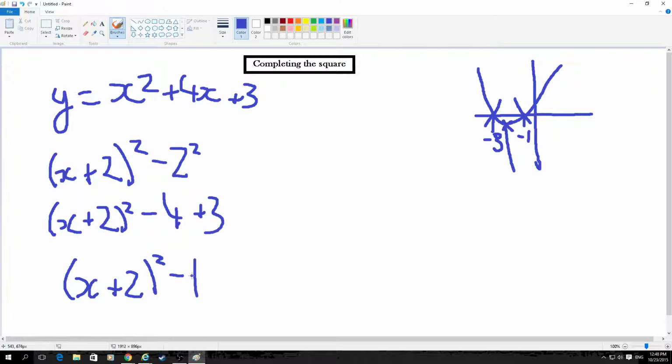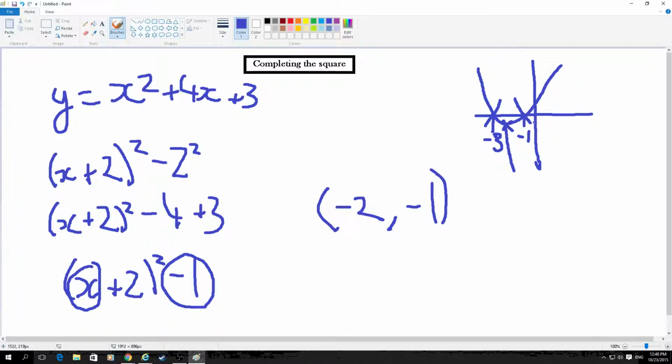Then you use this number and this one here, so this will cancel out. It's the same as factorizing, it cancels out to make 0. So this one would be x equals -2, and -1. So you can see here that this is -2, minus 1. That point there is how you work out the turning point.